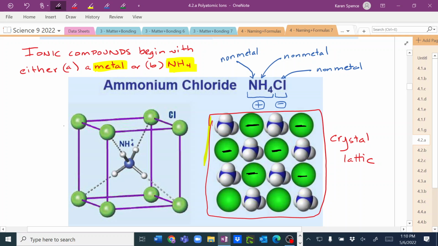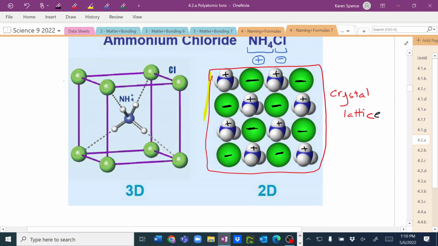So we have alternating negatives, and then the ammoniums are all positive. What's that? Oh, I forgot the E. A crystal lattice, kind of like an attic.